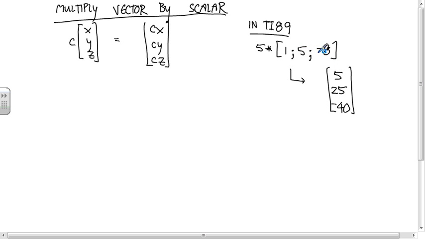So in a TI calculator, this is how you represent a vector. On some of the older versions of TI calculators, you have to go into the matrix area to do these calculations. Let me know if you want help figuring out how to do that.